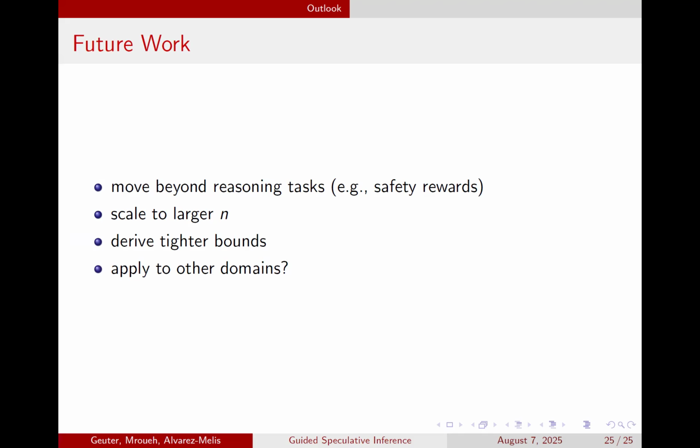But in other settings, say you care about safety, the reward models tend to not be that good, and then you can run into what's called reward hacking, where the responses, when they care too much about the reward, get too far from your base distribution. I think that's probably where this will be even better. That's it.